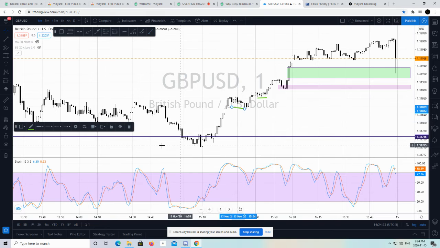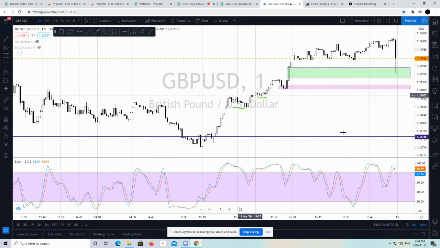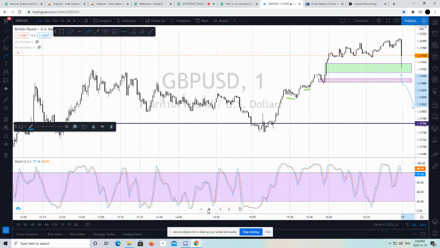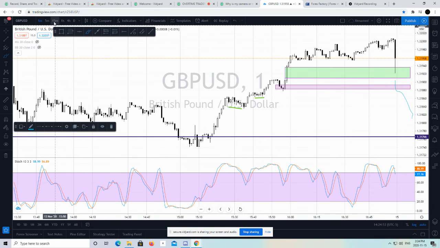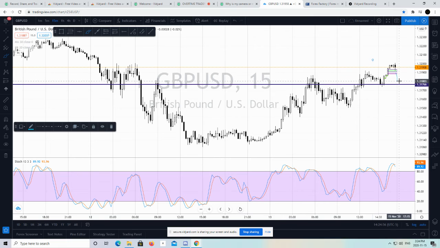Those are all liquidity. So we could come as low as around this mark here, that's 1.31772. We could come back down here just to move higher.